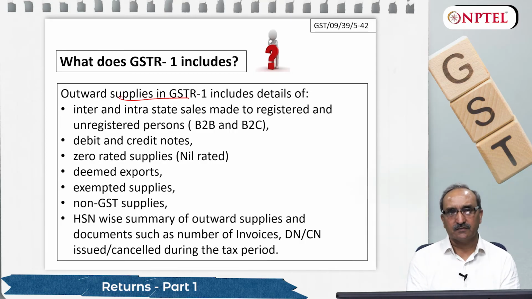Then exempted supplies. I told you there is one category of goods which are exempted from GST. So you may be selling taxable goods, exporting goods, and also selling exempted supply. So you have a third or fourth category of goods.